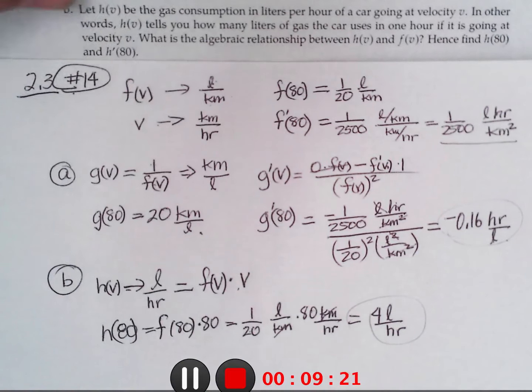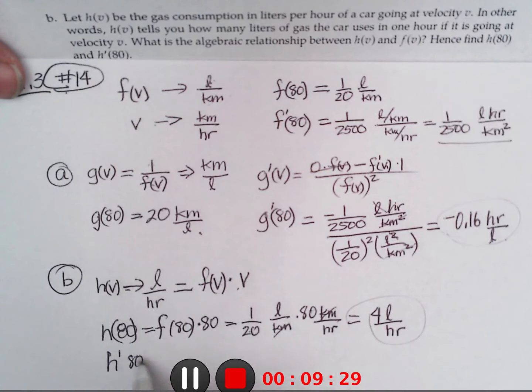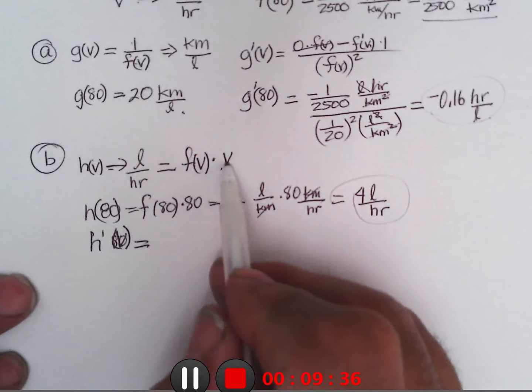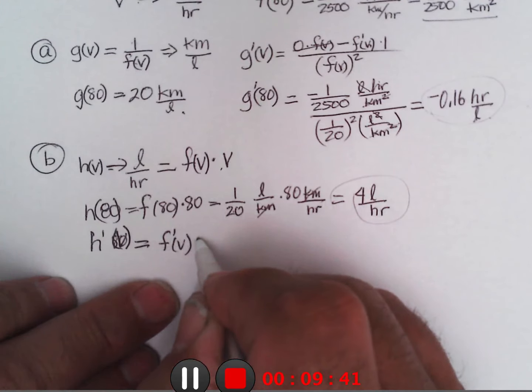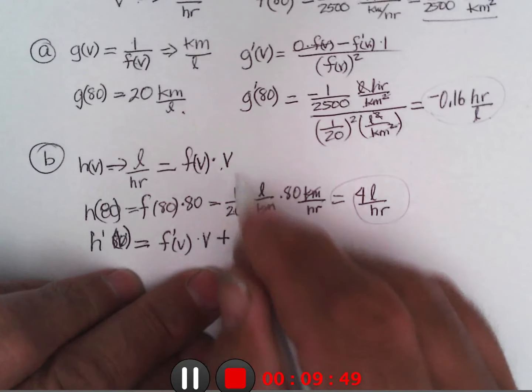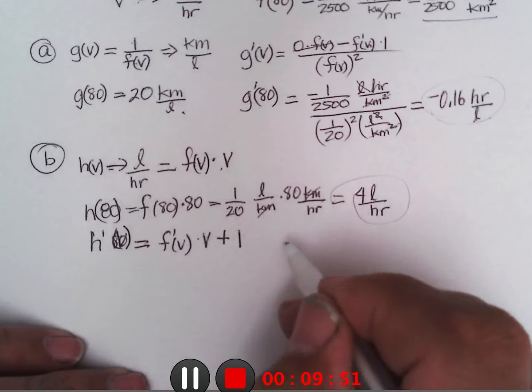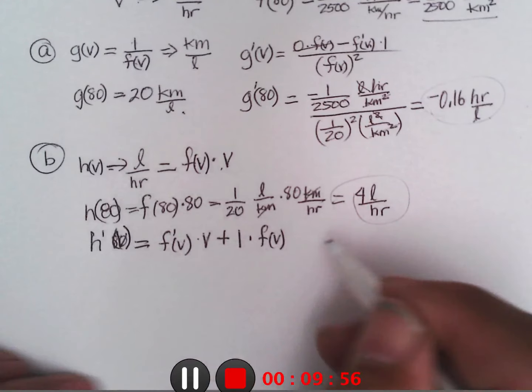Now they wanted us to find H prime at 80. Let's just write H prime of V first. Since we've got a product, it's going to be F prime of V times V, derivative of the first times the second, plus the derivative of the second, which is just 1, times the first.